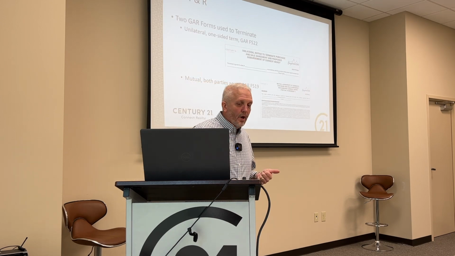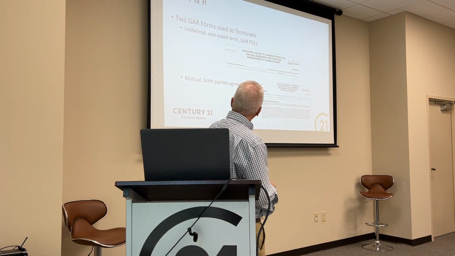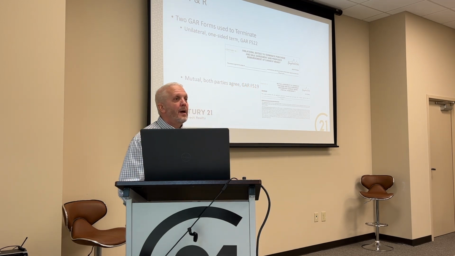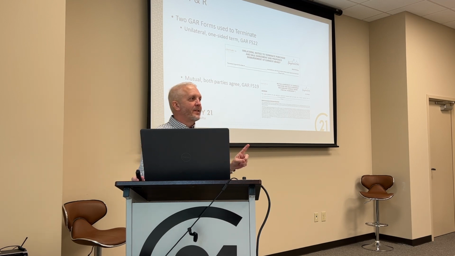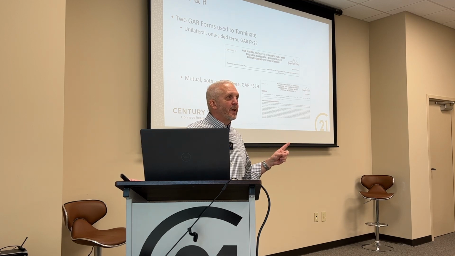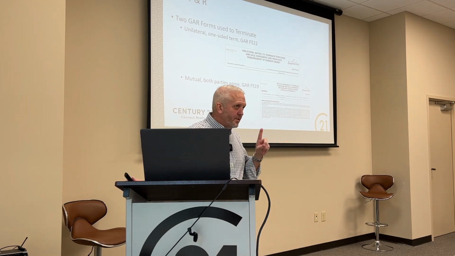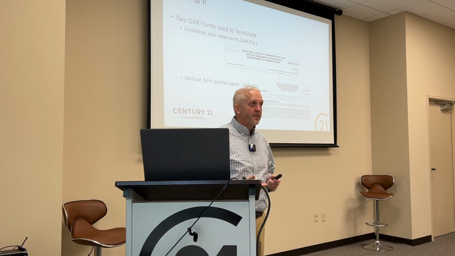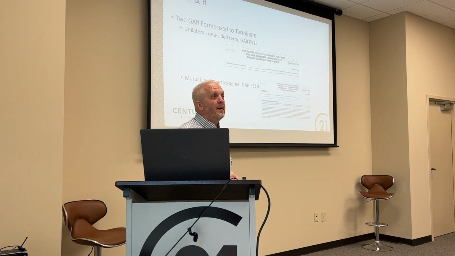There are two GAR forms for terminating a contract. And this is going to be true in just about everything. There's a unilateral, which means one-sided, one party has made the decision and has the ability to do it on their own. So it is a one-sided decision, or a mutual, which is both parties agree to terminate the transaction, okay?